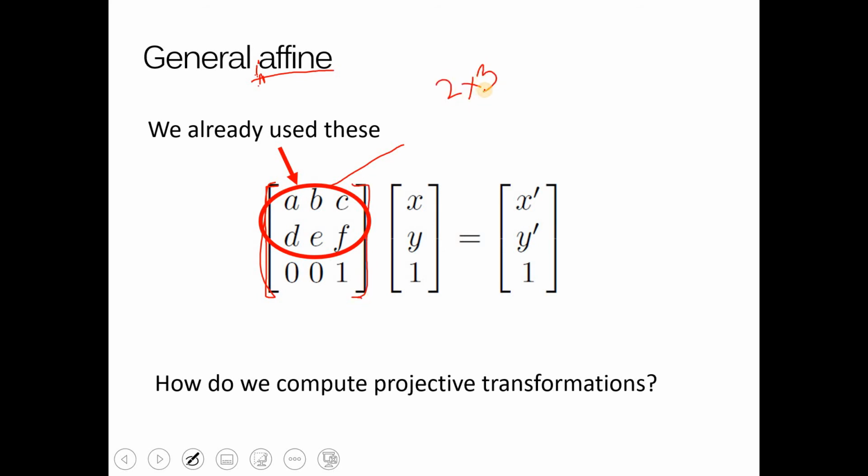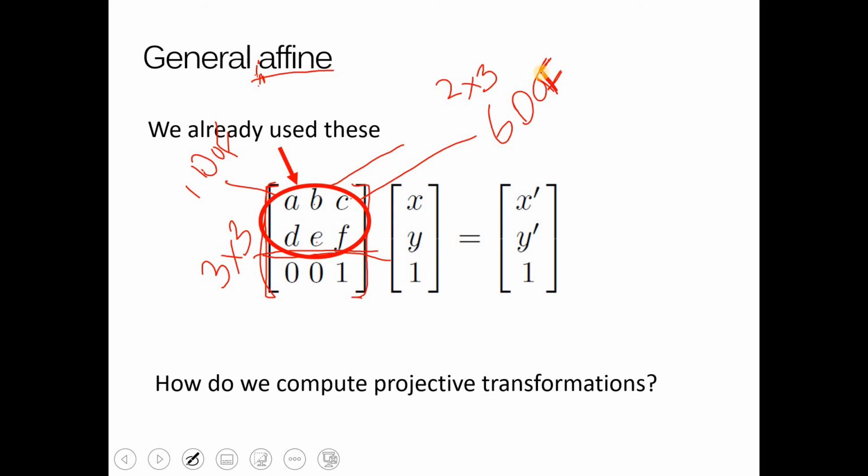Remember? 2 by 3 means that out of the overall matrix with a maximum size of 3 by 3, we are using only the top 6 elements. Now this is an important thing: each element or each value of this matrix represents 1 degree of freedom. That's why we discussed that the affine transform has 6 DOF, 6 degrees of freedom.